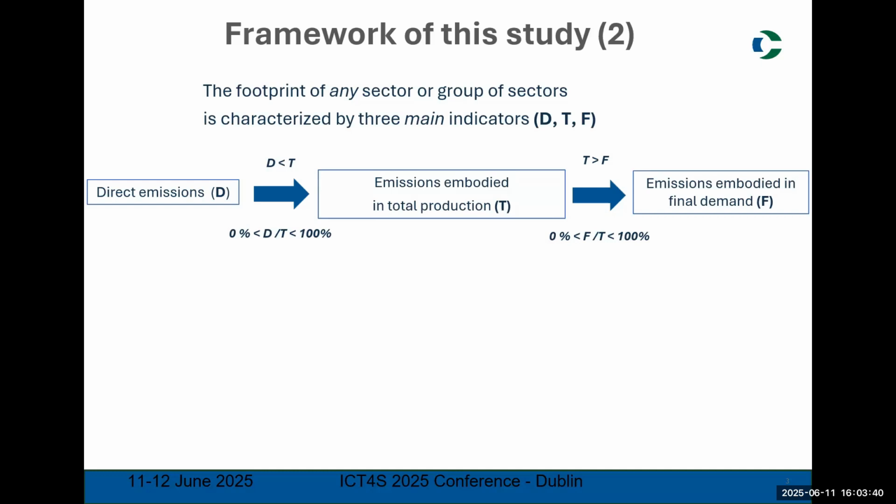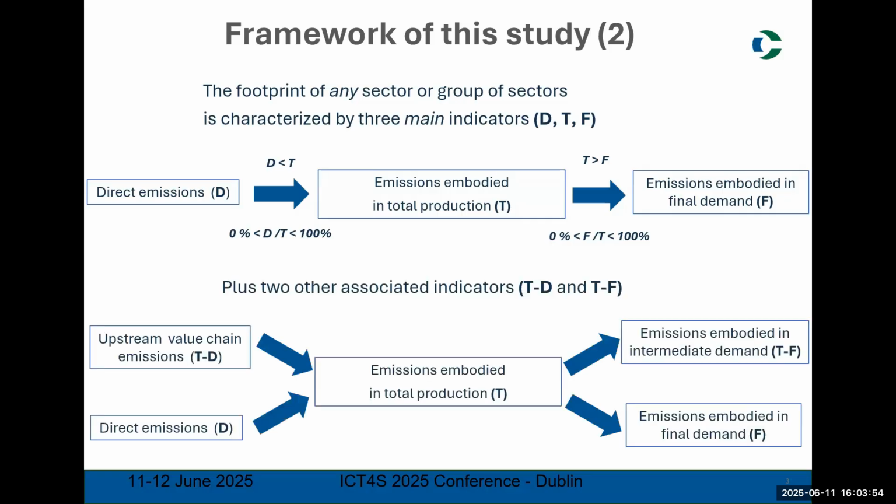So we are basically talking about here intermediate demand footprints. If we aggregate this intermediate demand footprint with the final demand footprint F, it gives the total embodied emissions T of a sector.